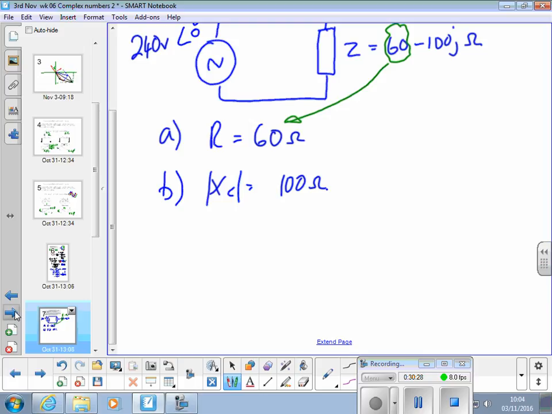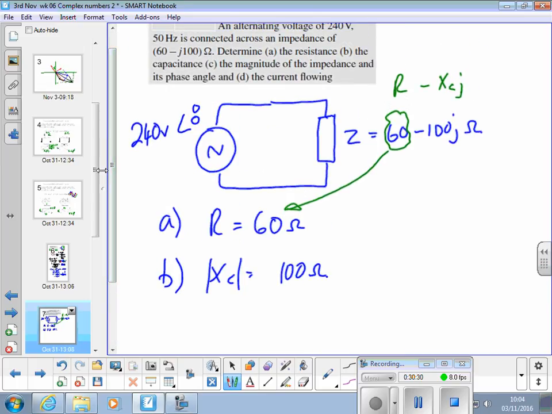What this is, in this box here, in that resistor box, inside that box there's a resistor in series with the capacitor. It's got some resistance and it's got some capacitance.